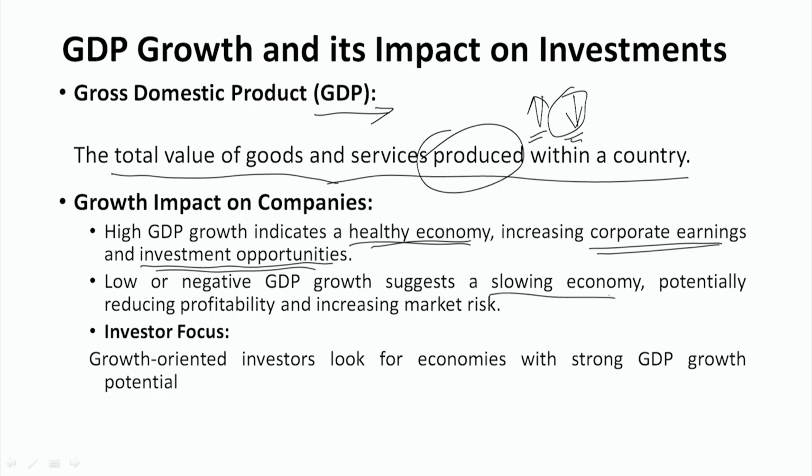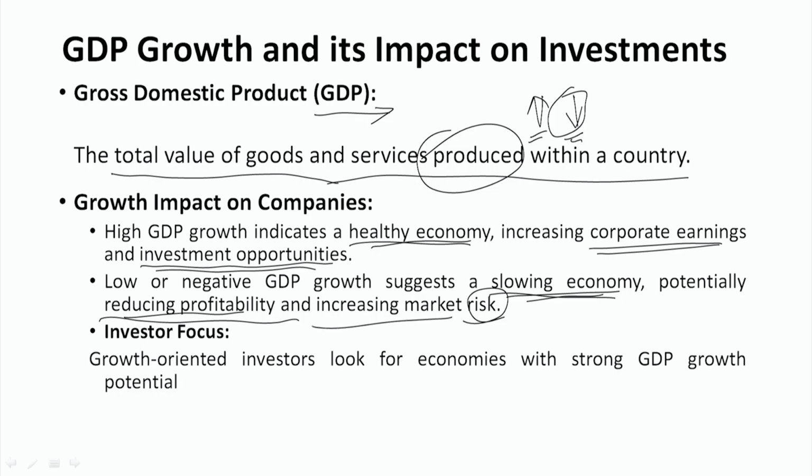If suppose the GDP is going down, as I mentioned over here, then it means that the economy is in a slowdown pace. Which means the production level is less. So when the production level decreases, automatically there will be a reduction in the profitability of the company. And when the profitability of the company decreases, then there is a risk in putting your money into those markets.